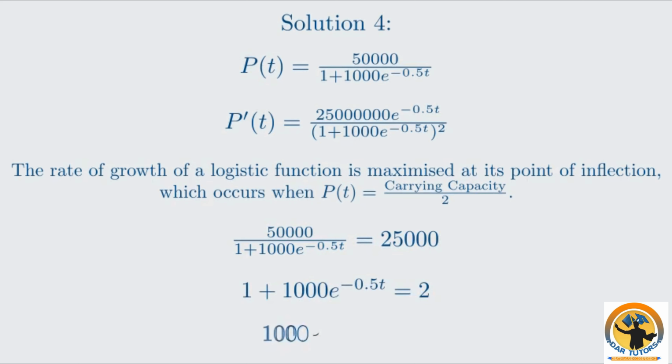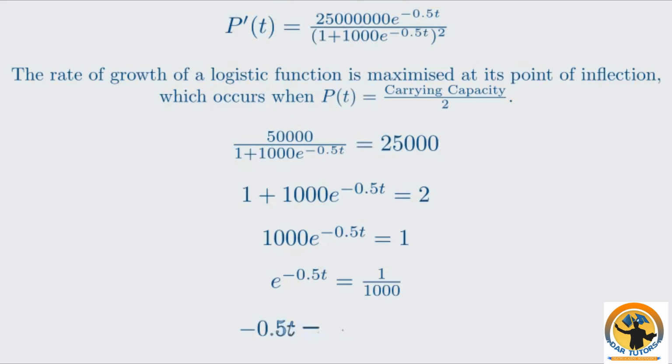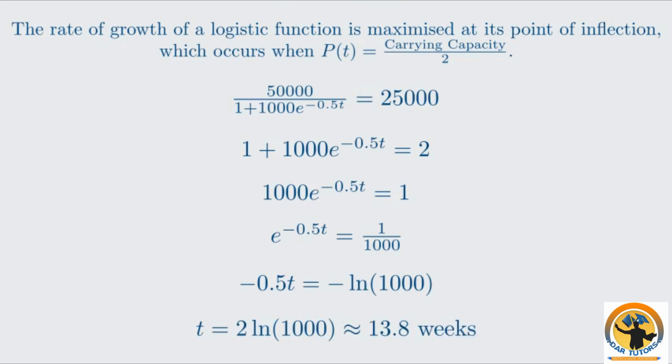Solving this equation, we find that e to the negative 0.5 t equals 1 over 1,000. Taking the natural logarithm of both sides, we get negative 0.5 t equals negative ln of 1,000. So t equals 2 times the natural logarithm of 1,000, which is approximately 13.8 weeks.